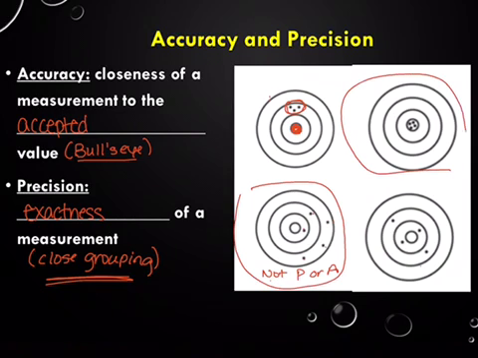If we look at target number 3 here, are all 4 shots on the bullseye? They are. So that makes this target very accurate. And we have exactness because all 4 shots are very close to one another, making it precise.